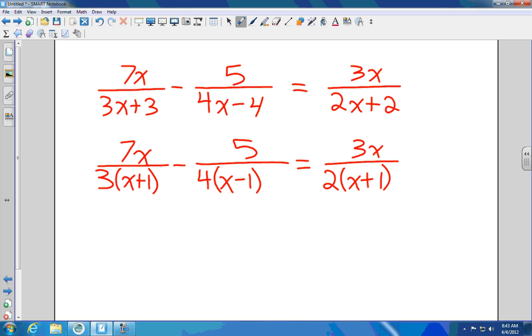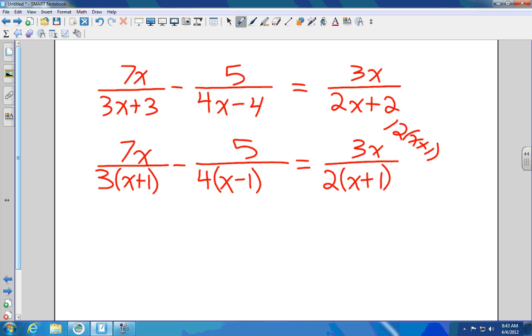Now you get your common denominator. So we have numbers out front, 3, 4, and 2. What's the smallest number they go into? 12. So I'm going to write it up here. We know we got a 12. That takes care of the 3, 4, and 2. That's represented by the 12. What else do we have? Okay, we got an x plus 1 here.